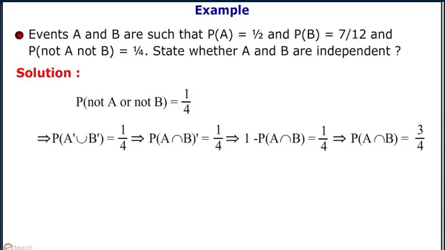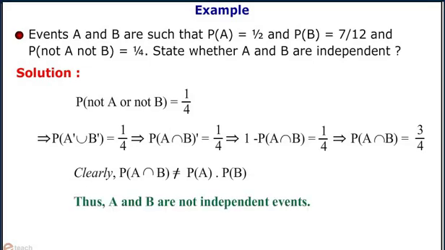That is 1 minus probability of A intersection B is 1 by 4. Doing this, we get probability of A intersection B is equal to 3 by 4. Now clearly, probability of A intersection B is not equal to probability of A into probability of B. Hence, A and B are not independent events.